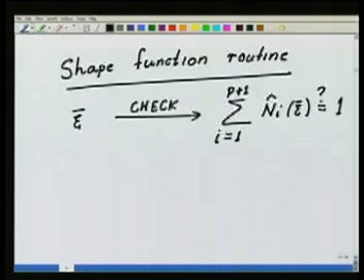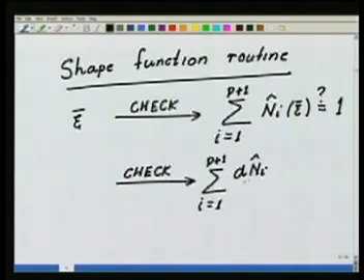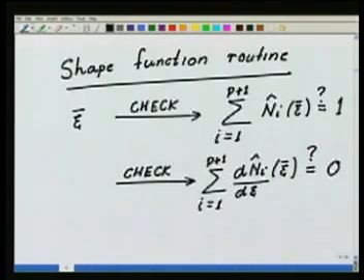The second check, which should be incorporated in the program, is whether the sum of the derivatives of the shape functions at the point psi bar is equal to 0 or not. If it is not 0 and if the other sum is not 1, then there is something wrong in the program, so one should go and check where the bug is, and the bug has to be fixed. Okay.